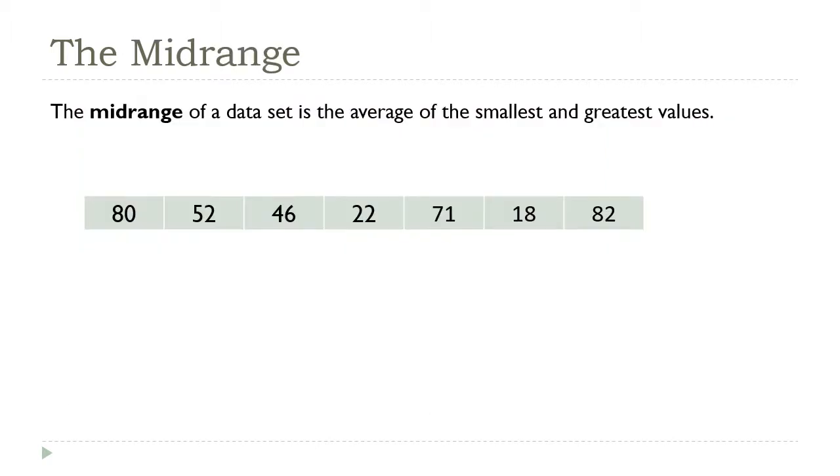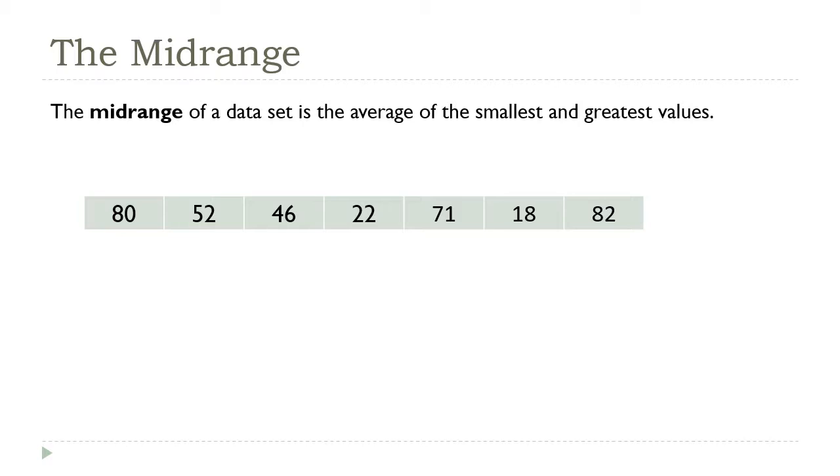Our last measurement is called the midrange. This is another one where you have to be sure to think about whether or not the data is sorted. In this set, for example, we can't just grab the first and last values in the list, because the data isn't sorted, so the number that's first isn't the actual smallest value in the data set.